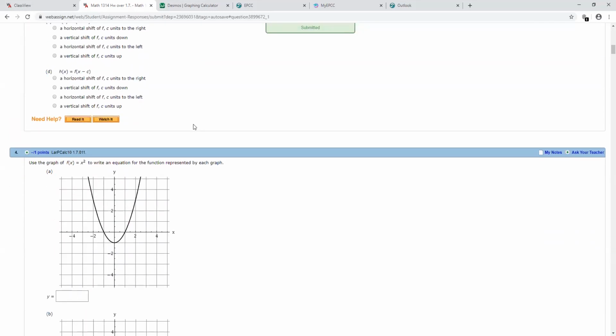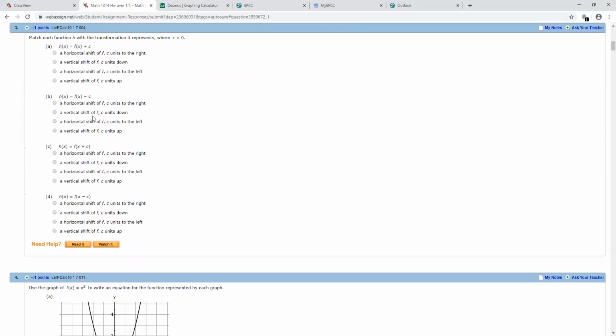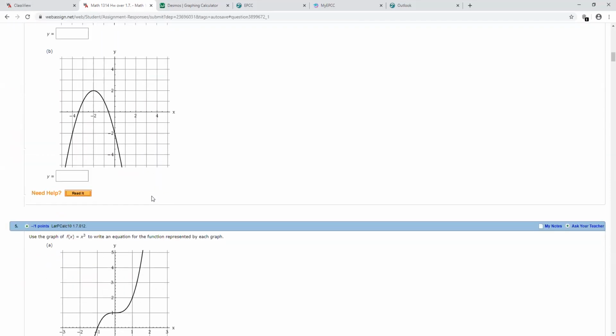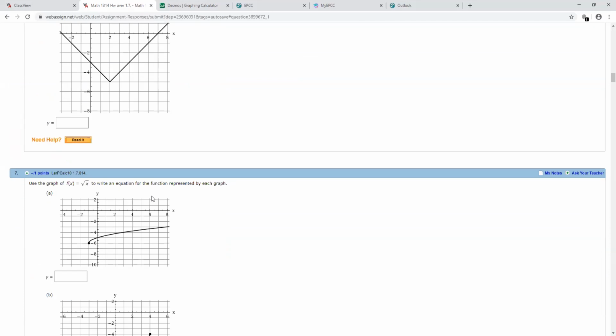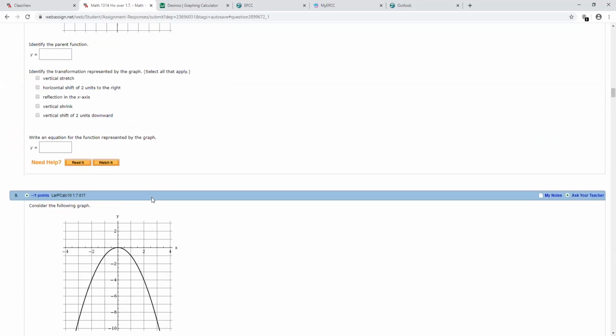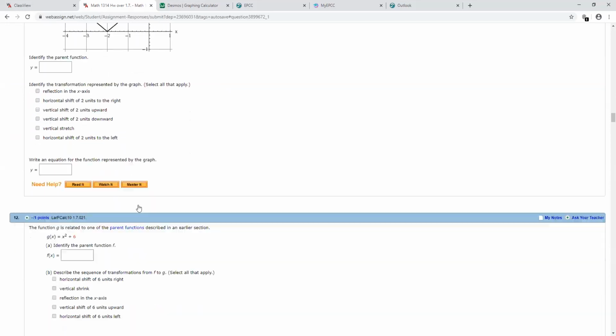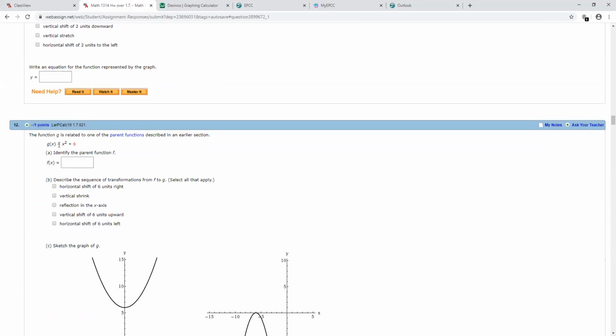Okay, so this goes over translations. And so let's do these real quick. So look at this one, x squared plus 6.